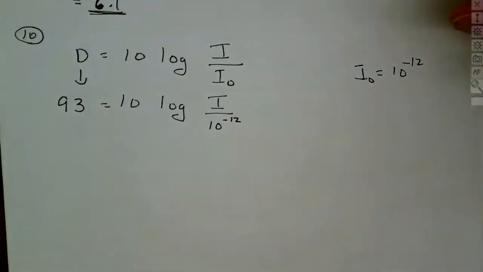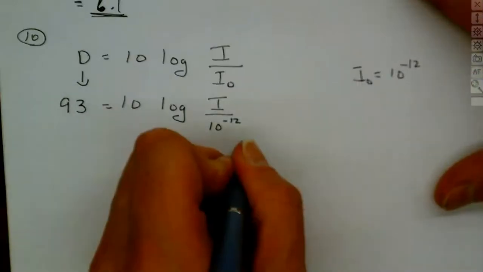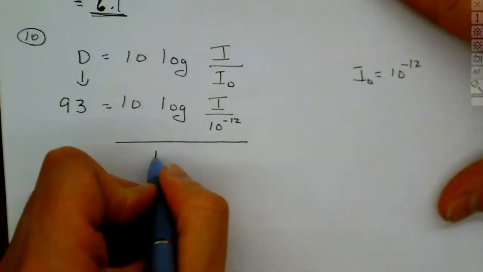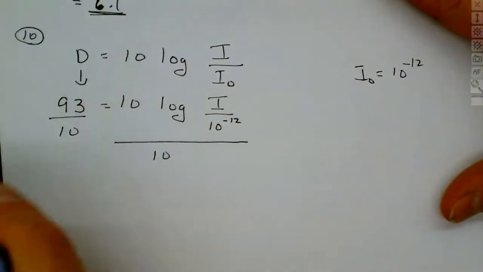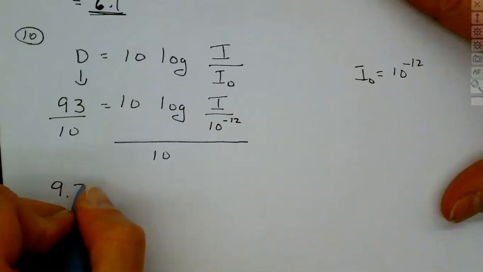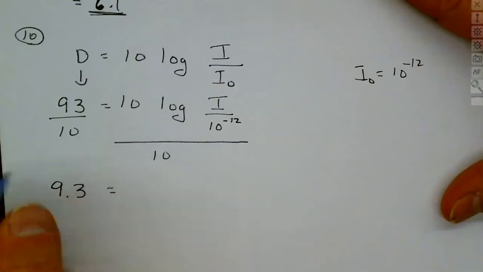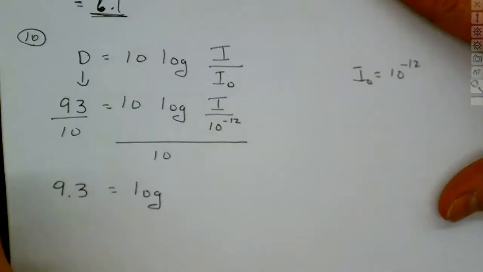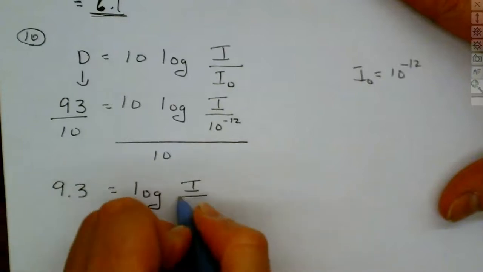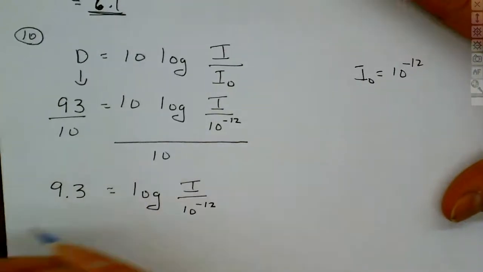So we're going to go ahead and divide both of these by 10. And that's going to give you then 9.3 equals log I over 10 to the negative 12th power.